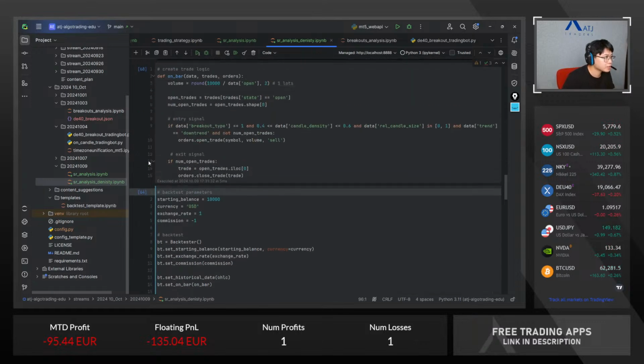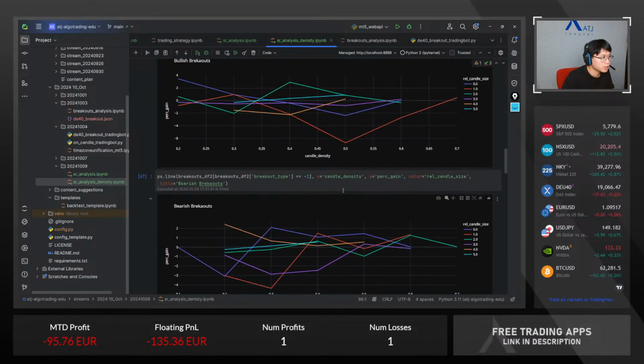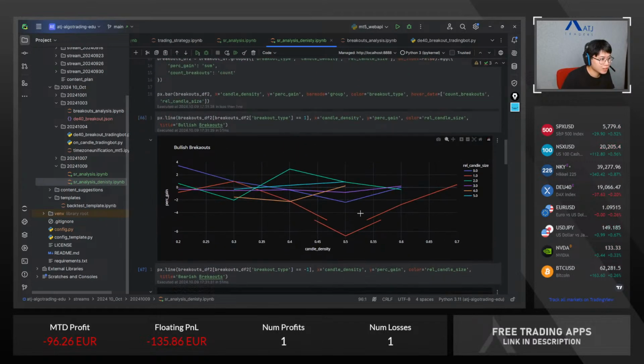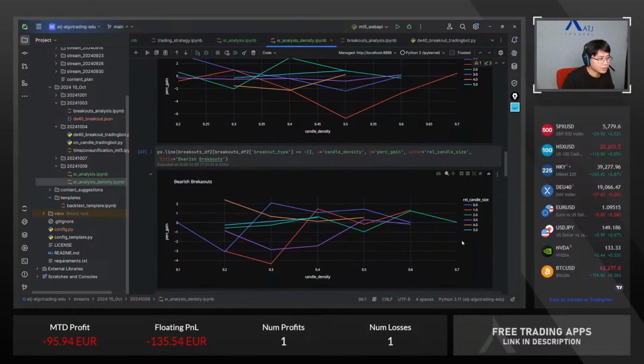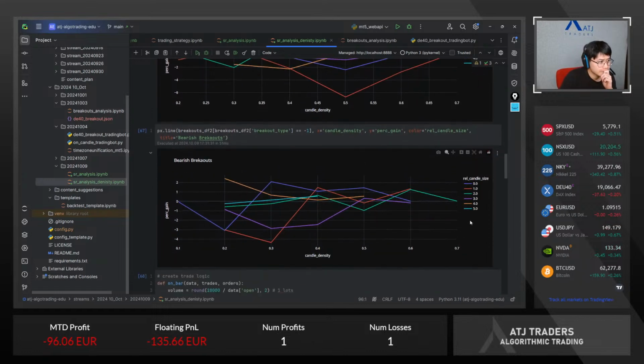Now let's add a bullish condition. So here, this is bullish breakouts. Had this. And let's have a look at setups where we have the bearish breakouts.